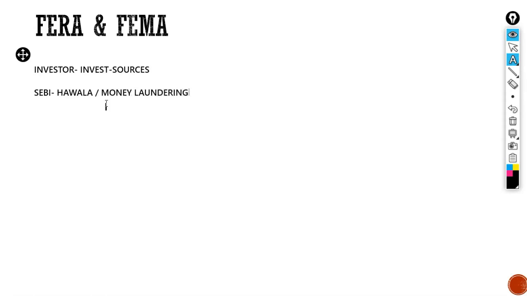Now let us explain what you mean by hawala and what you mean by money laundering. So let us understand what is hawala. Let us take an example. We'll take Mr. X, a very well-known singer. He performed in India and he earned a substantial amount of money. Now, as per the rule, he is supposed to pay tax in India for earning that money in India.